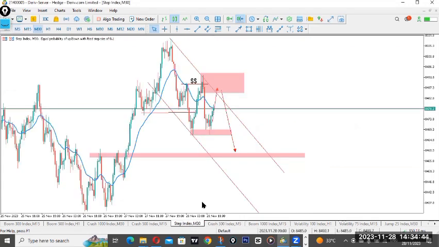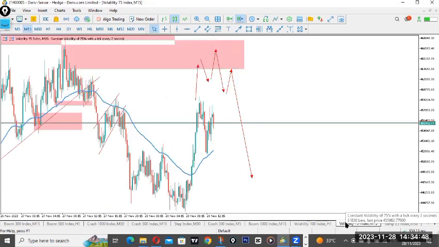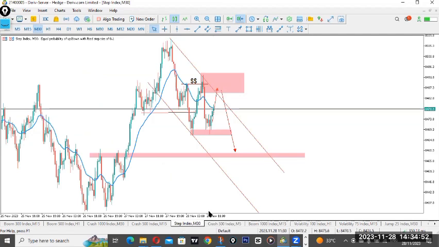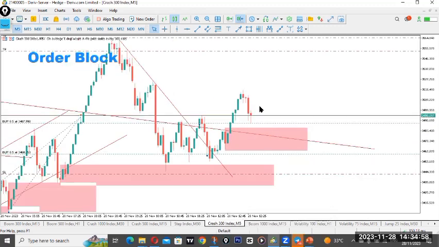Let me not miss out. Fear of missing out. And so they will jump in immediately. And as they jump in, price will kick them out. So make sure your confluences are met. So that's why I'm saying that you should trade your Confluence.